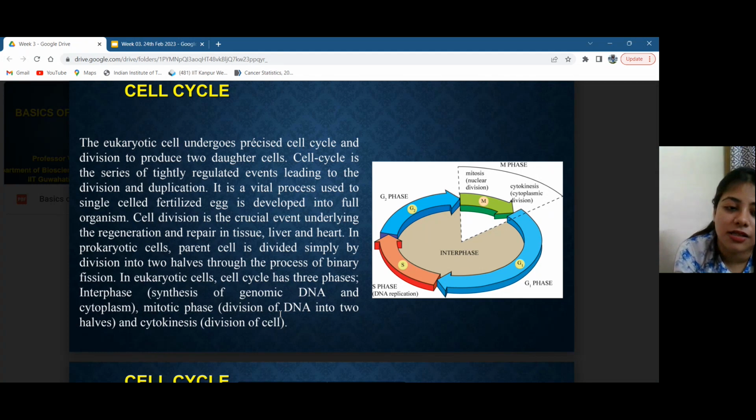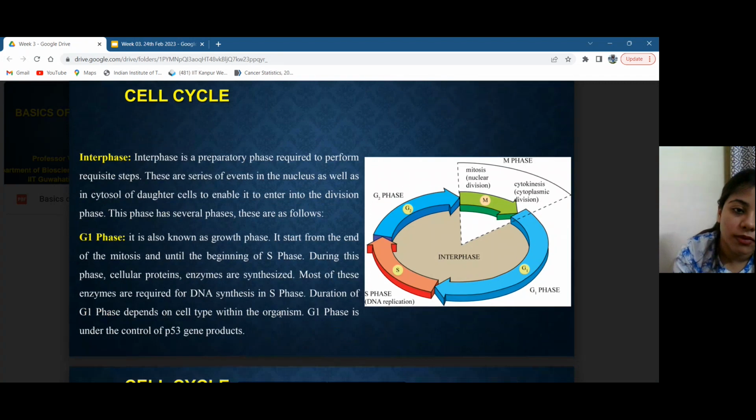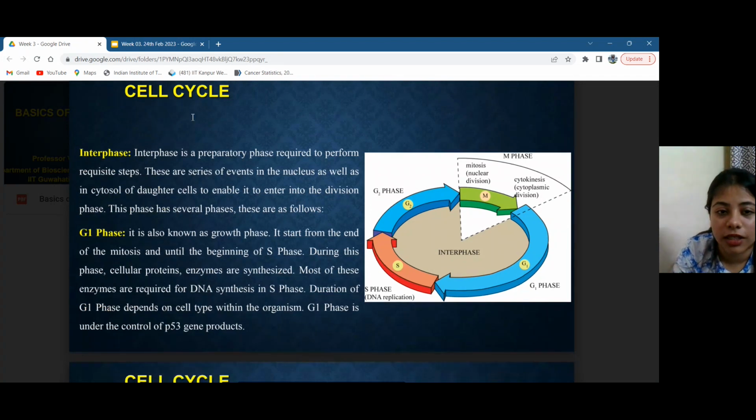There are majorly three phases: the interphase, where you have the synthesis of genomic DNA and cytoplasm; the mitotic phase, where you divide that genetic material into two halves; and then cytokinesis, where the entire cell produces two daughter cells. First, interphase is the prep phase, and it has the G1, S and G2 phases, as we have addressed in the assignment as well.